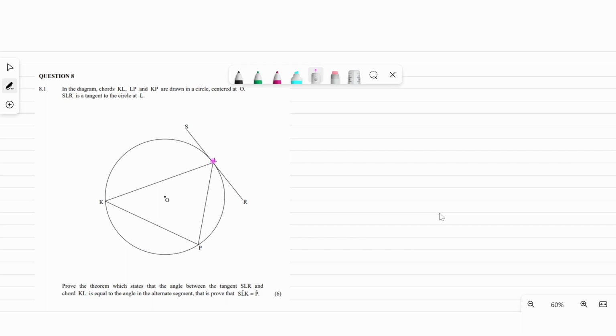Then prove that angle SLK is equal to angle P.